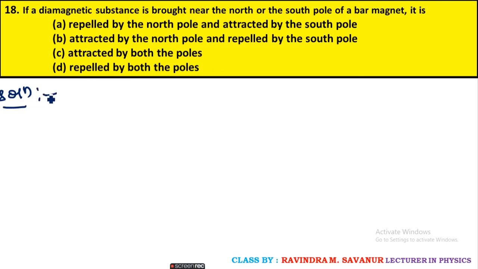Question number 18. If a diamagnetic substance is brought near the north or south pole of a bar magnet, it shows which of the properties among the four options? First of all, it is a diamagnet.